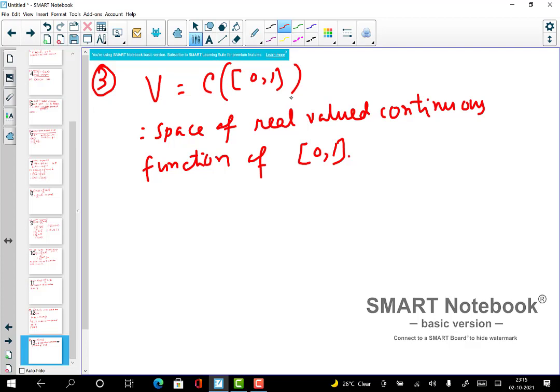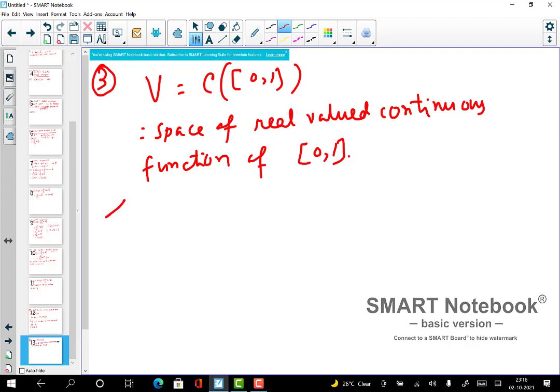That theory we learn in functional analysis, why compactness is important. So the space of real valued continuous functions on this interval forms a vector space with respect to addition of these continuous functions and scalar multiplication. Now the question is, can you define an inner product on it, and the answer is yes.